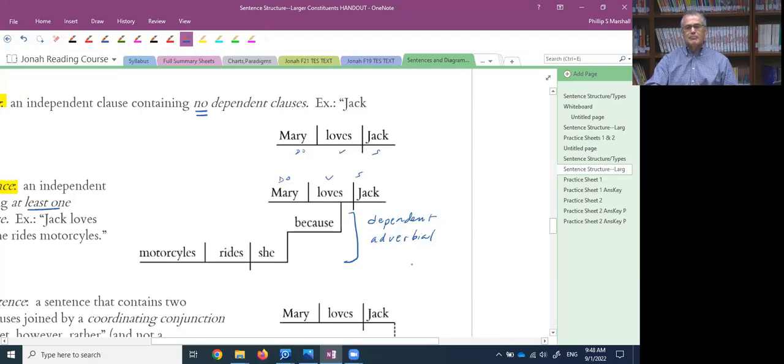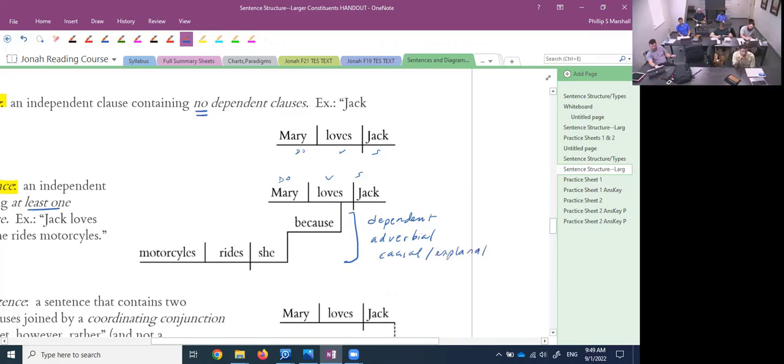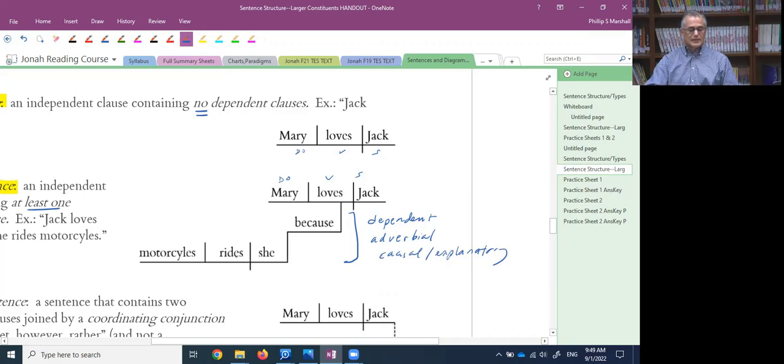What is the semantic relationship of she rides motorcycles to Jack loves Mary? The semantic relationship would be something like causal or explanatory, right? That is to say, she rides motorcycles is the explanation or the reason for Jack loves Mary.